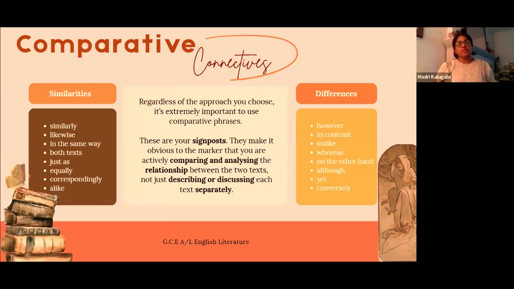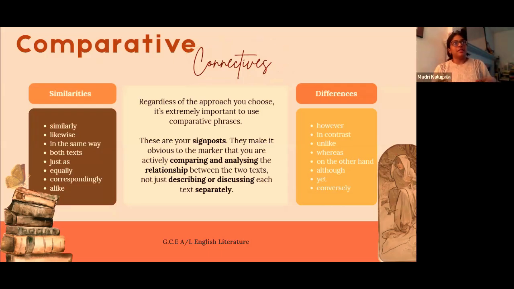Connectives are comparative phrases, also known as signposts, so you use signposting language. Signposts are the markers in any answer, any text, absolutely essential. Never skimp on or miss writing these. They are the ones that connect the thread of your writing.